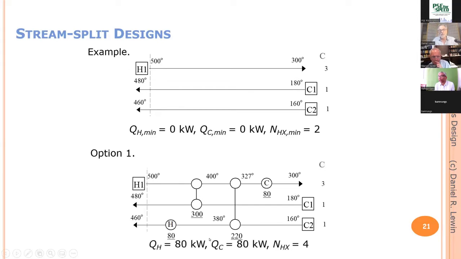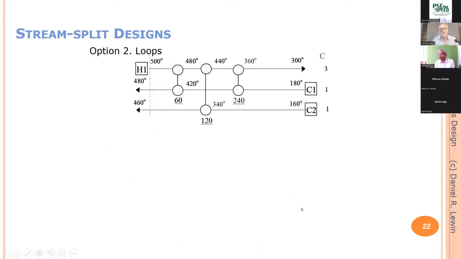A student who was totally asleep in the first week of the course might design something like this, which involves 4 units, 2 above the minimum, and also requires heating and cooling utilities, which are above the minimum values of 0. Anybody who does this was not around in the first week of the course, so hopefully no one will design this by the second week of the material.